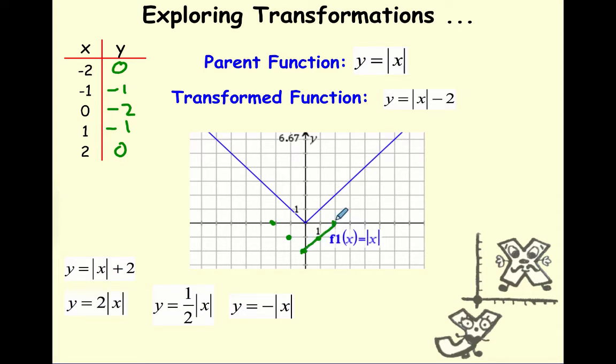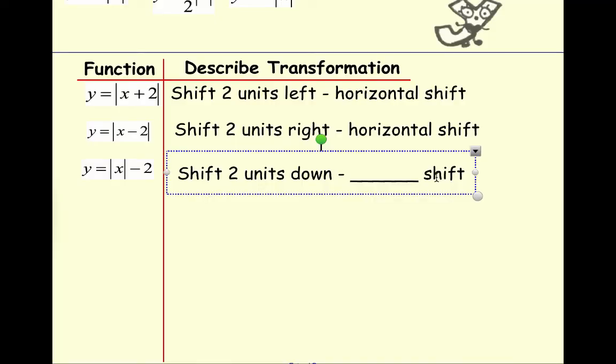So notice that I'm getting that same V, which is the classic absolute value, but it's shifted down 2 units. So the function shifted 2 units down, and remember, a downward shift is not horizontal, it's vertical.